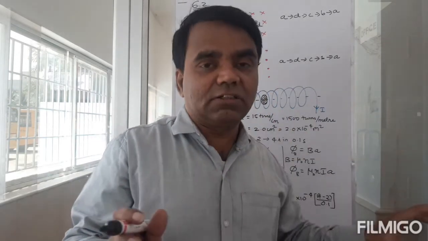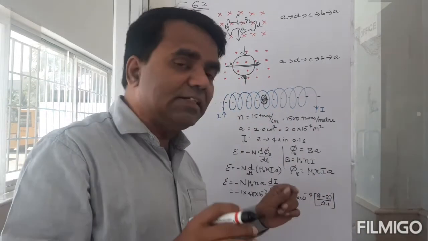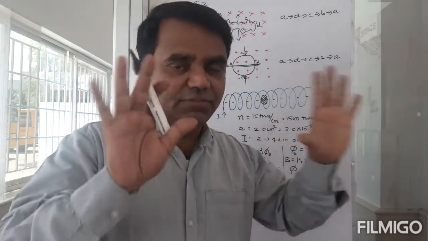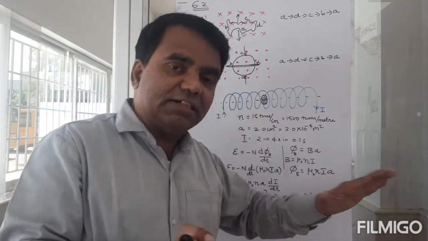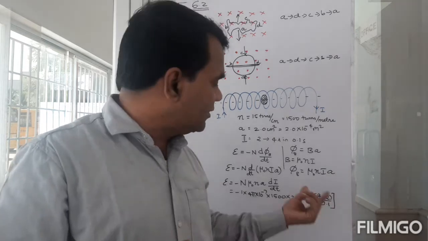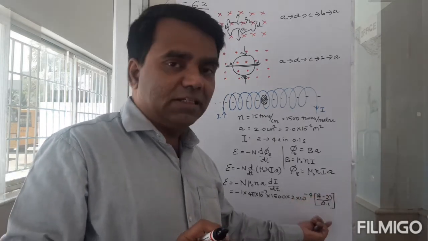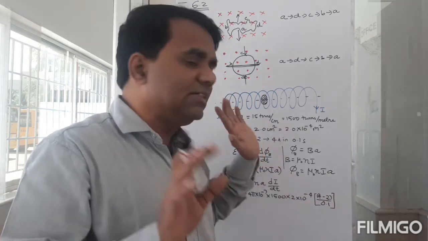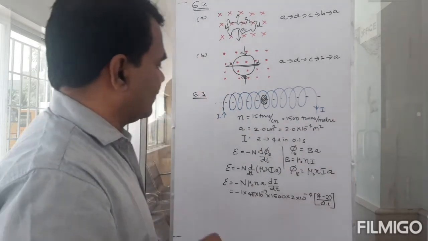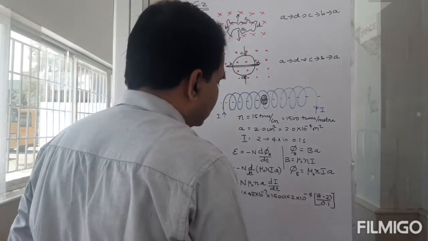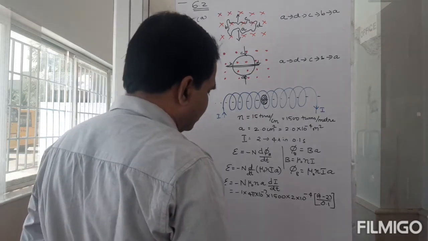If it is not changing at a constant rate, then you need to find dI by dt at every instant, but that is different. But since the current is changing at a constant rate, I can do delta I by delta t. That will be equal to my dI by dt. Anyway, so when I do this, what am I going to get?